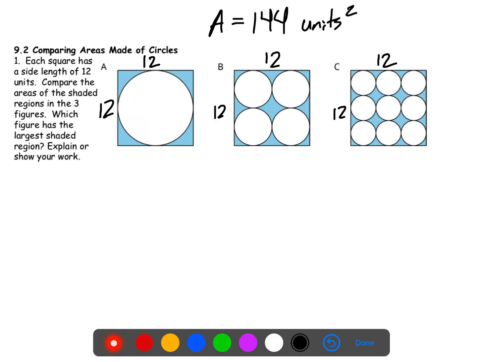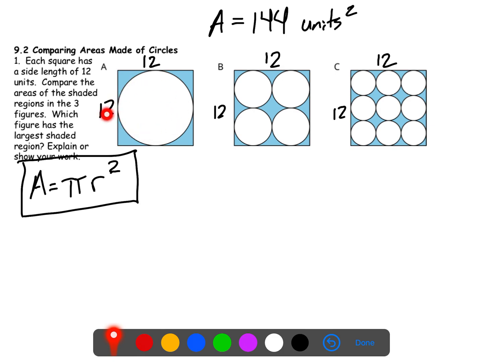Now remember, to find the area of a circle, we need to multiply pi by the squared radius, or the radius times the radius. So that is what we're going to use to find the area of this first circle. The only thing we need to find, though, is the radius of the circle.